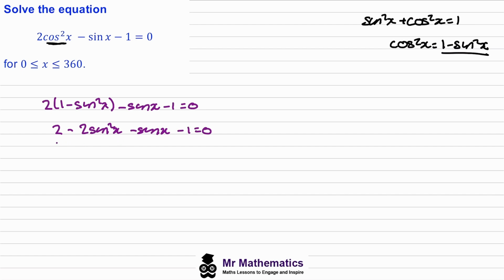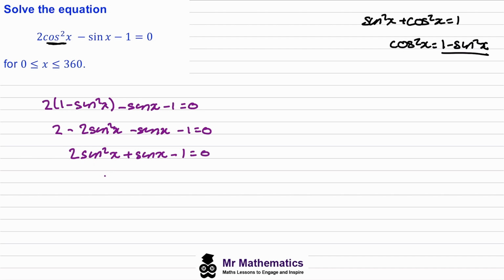And then we can treat this like a quadratic equation, where we'll make this term positive, so we get 2 sine squared x. We'll move this to the right-hand side, and then with 2 minus 1 is 1, on the right-hand side this becomes negative 1.